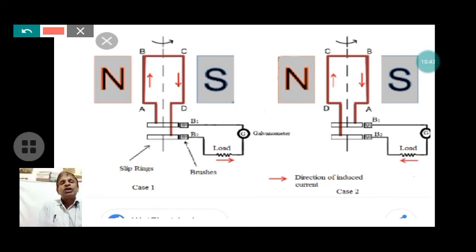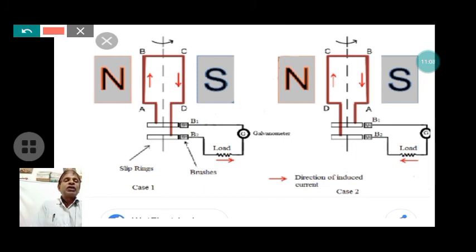After half rotation, the side CD of the coil comes at the previous position of AB, and the side AB of the coil comes at the previous position of CD. Now CD arm moves upward, and AB arm moves downward.